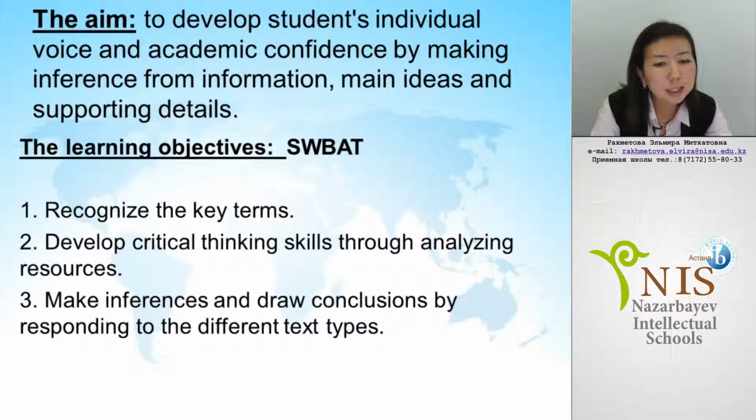They will investigate the purpose, the audience, and why the author chose different kinds of techniques in order to persuade people. So we have 3 learning objectives. Students will be able to recognize the key terms, develop critical thinking skills through analyzing resources, and make inferences and draw conclusions by responding to different text types.